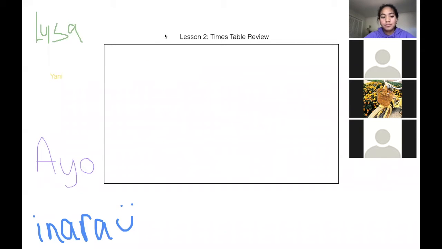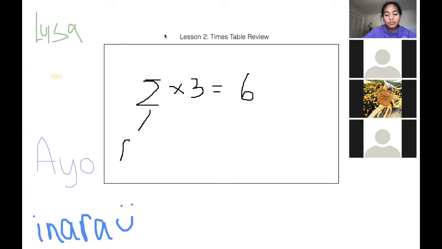So just to go over factoring and factor review, taking an equation such as 2 times 3 equals 6, 2 would be a factor of 6 and 3 as well.